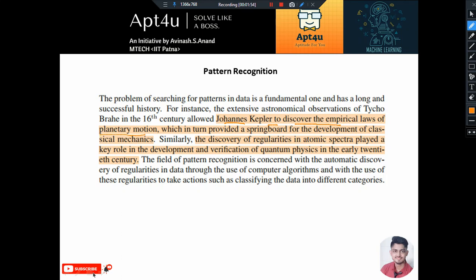Observations are nothing but patterns, and based on those patterns Kepler discovered the empirical laws of planetary motion, which later became the fundamental development of classical mechanics. So we can see how observing a pattern can lead to several theories.